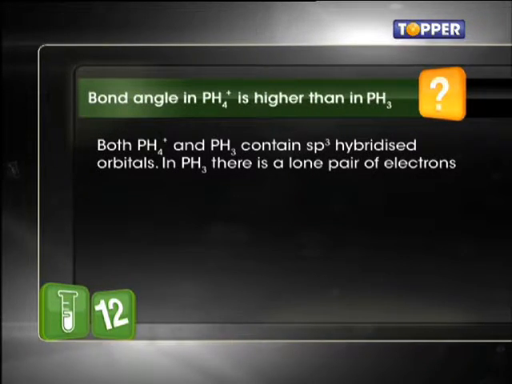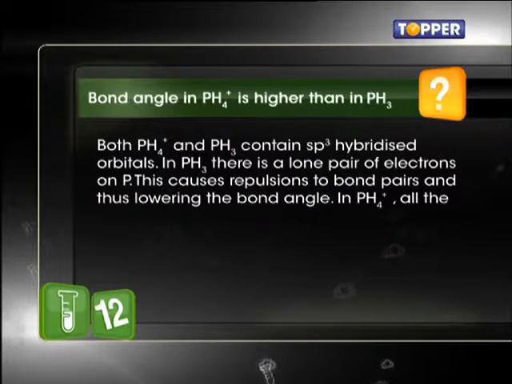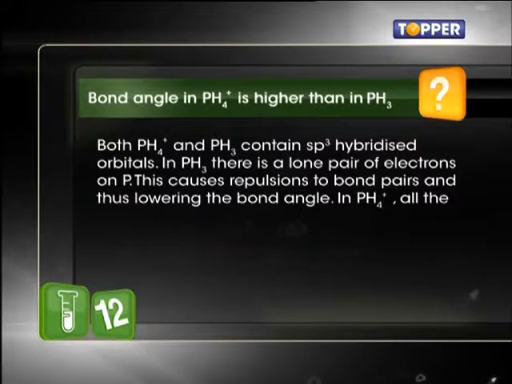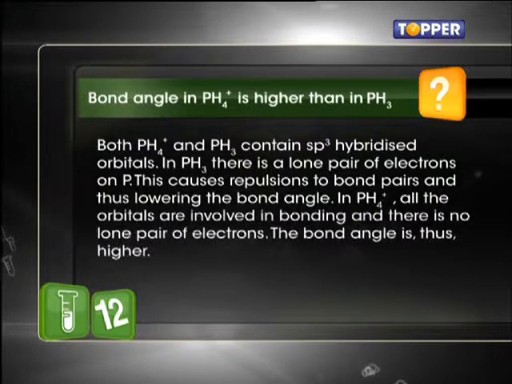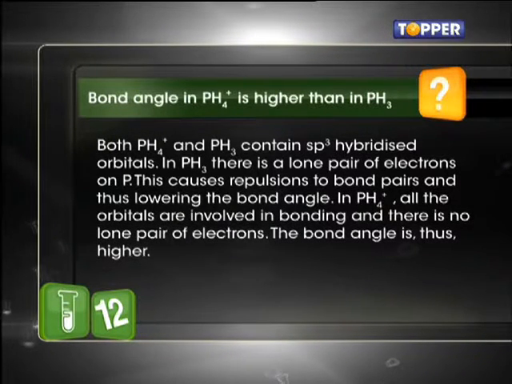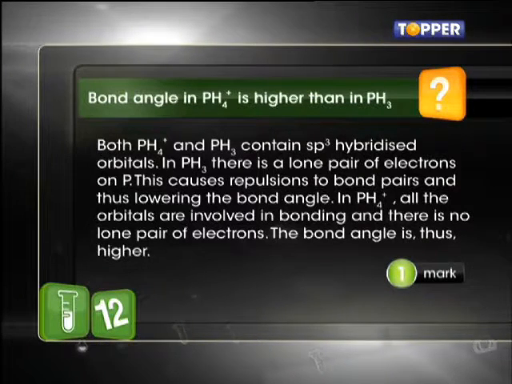In PH3, there is a lone pair of electrons on P which causes repulsion to bond pairs, thus lowering the bond angle, while in PH4+, all orbitals are involved in bonding and there is no lone pair. The bond angle is higher.